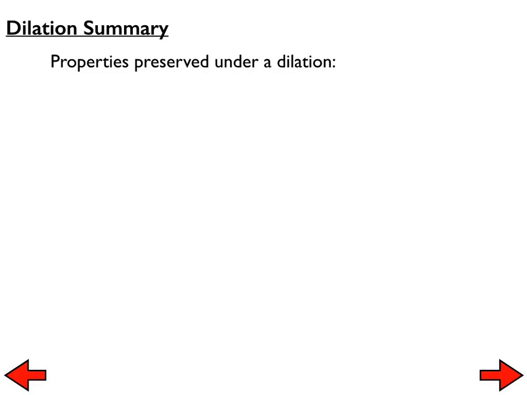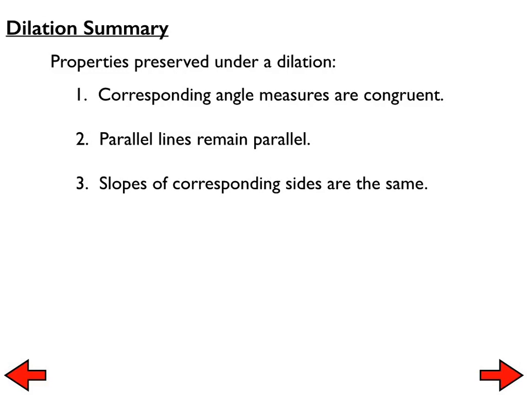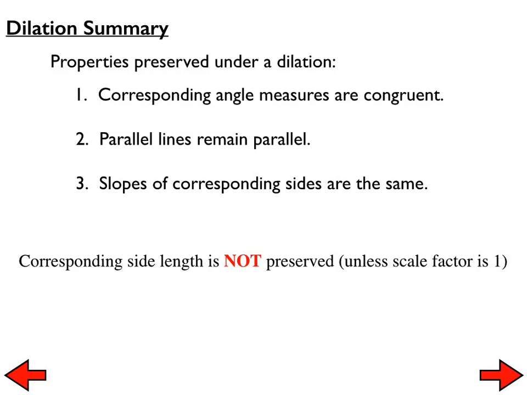All right, a little summary of dilations, of the beginnings of it today, and you have a few blank areas that you need to fill in. The properties that are preserved under a dilation: corresponding angle measures are congruent, parallel lines remain parallel. Some of these things, we saw that when we were talking about congruent shapes. The slopes of the corresponding sides are the same.